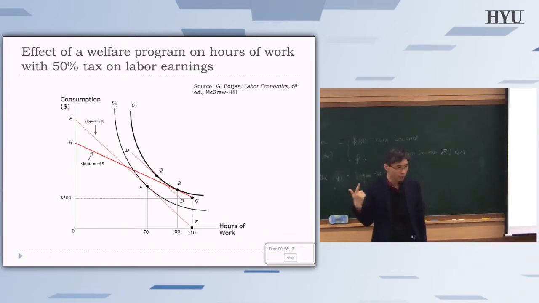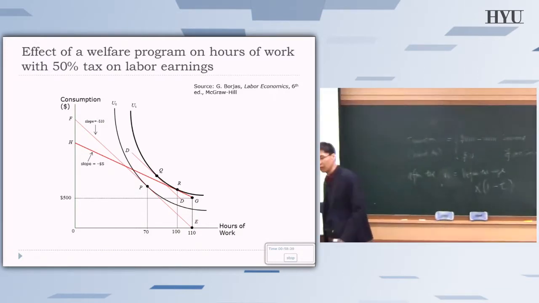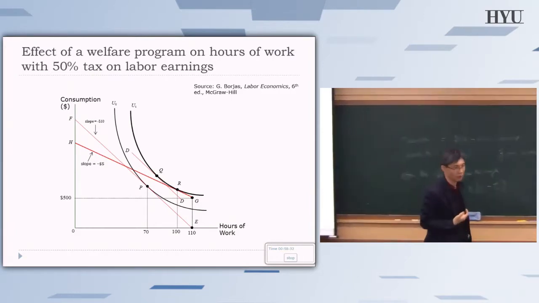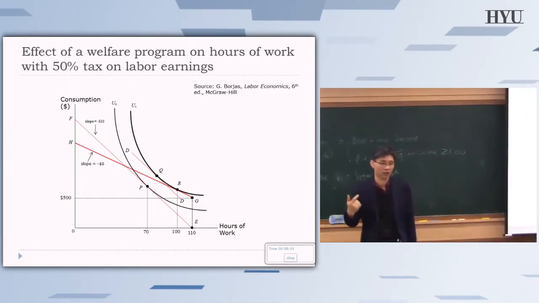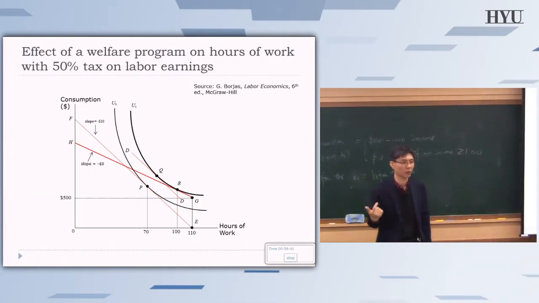And by both effects, labor supply will decrease. Get it? So what is the effect of welfare program on labor supply? It will decrease labor supply. There's only one direction. People do not work more because of welfare. People do work less if they are given welfare benefit.